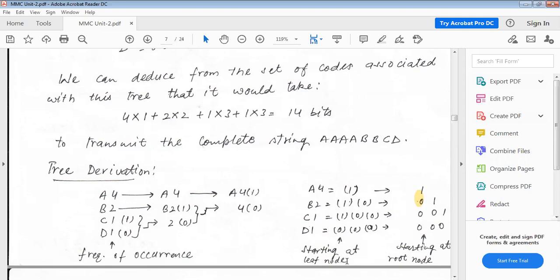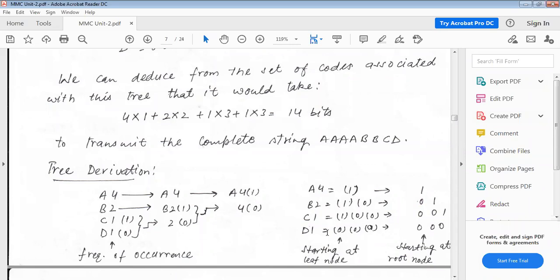If you want to take the value from top to bottom, actually you need to take the value from top to bottom only. So that is why I will write the reverse here. This one is written here. Next, this 1 0 is written as 0 1. This 1 0 0 is written as 0 0 1, and this 0 0 0 is written as 0 0 0. So reverse operation.